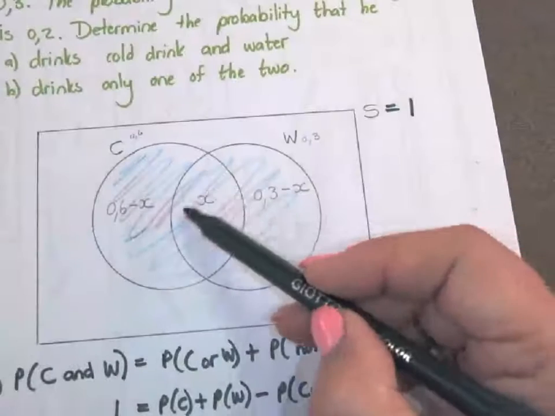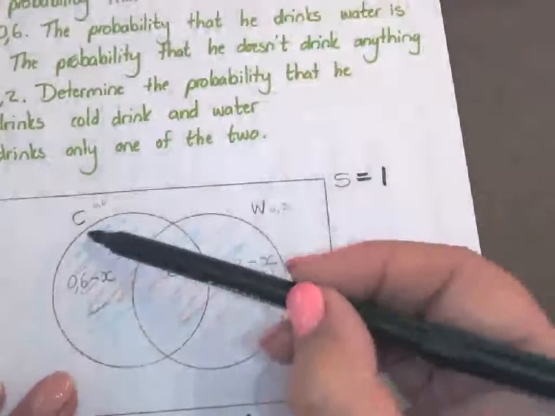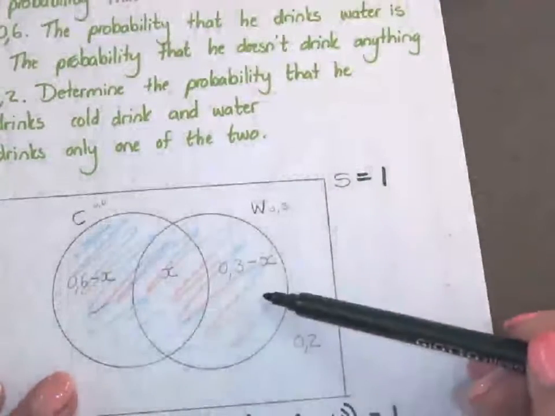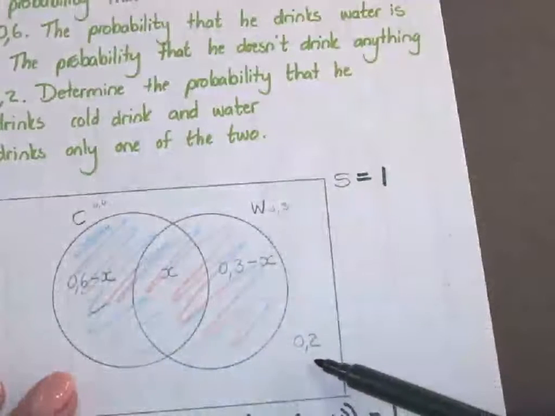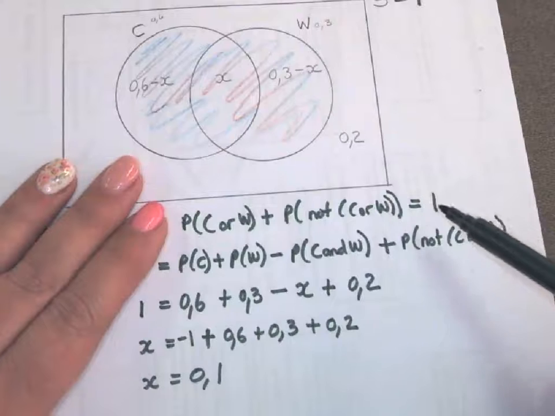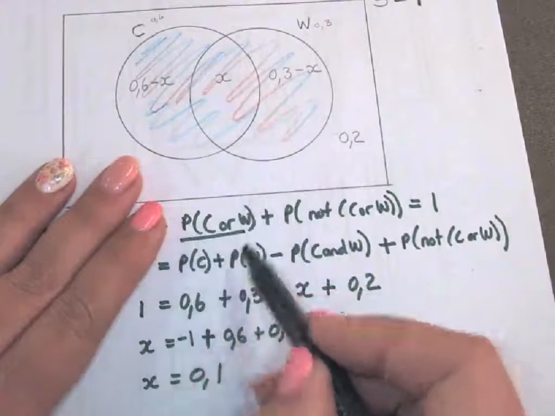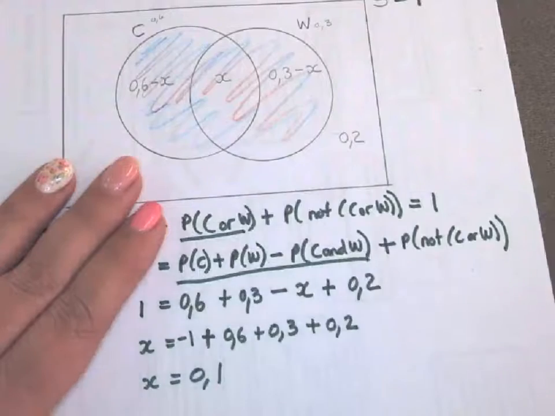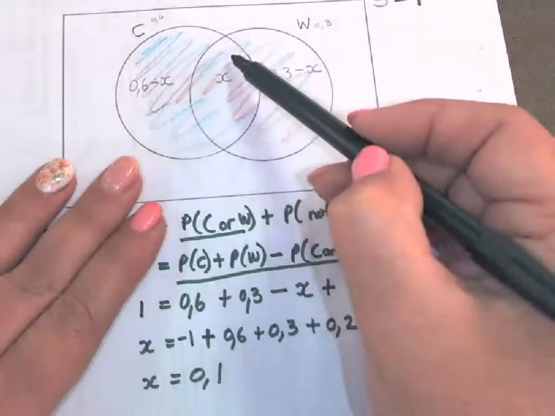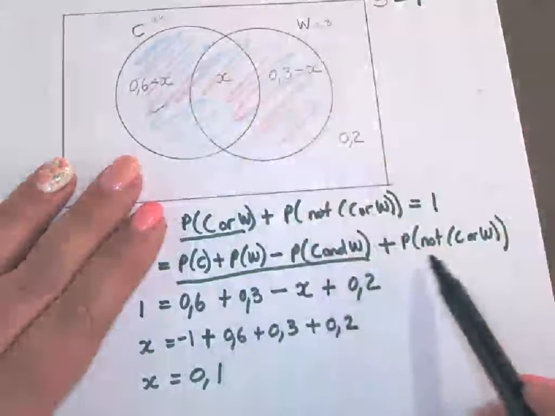Okay, cold drink and water. We start with cold drink or water plus not cold drink or water equals 1. Cold drink or water, I expanded to that. It's the whole cold drink plus the whole water minus the and.